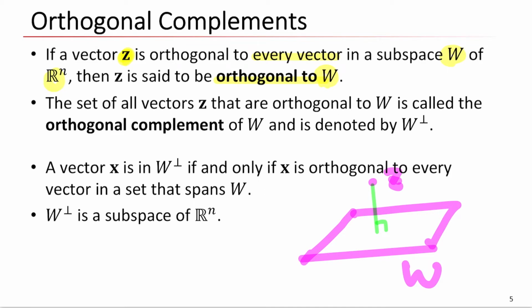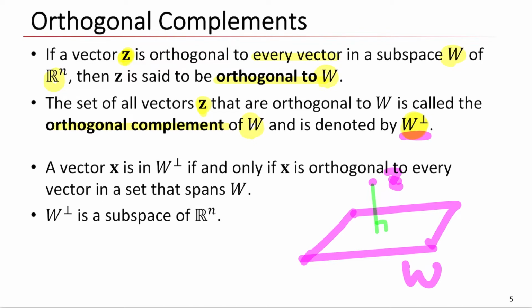And the set of all vectors z that are orthogonal to W is called the orthogonal complement of W, which is denoted by W perpendicular. So the set of all possible z is denoted by W perpendicular, right?